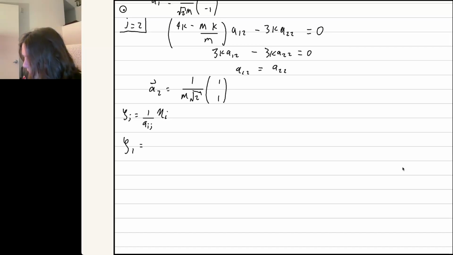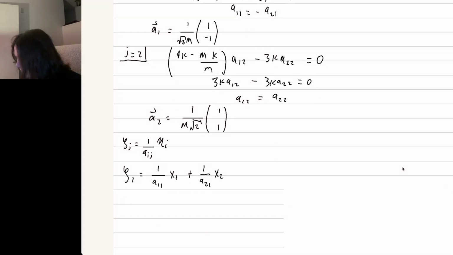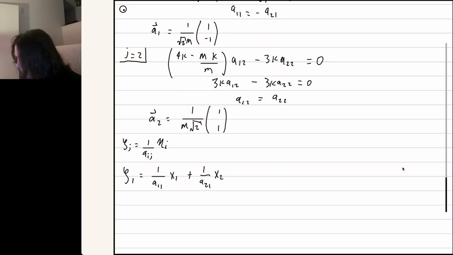Zeta 1 is 1 over a11 x1 plus 1 over a21 x2, which we had equal to 1 over m root 2 times 1 and negative 1 respectively.